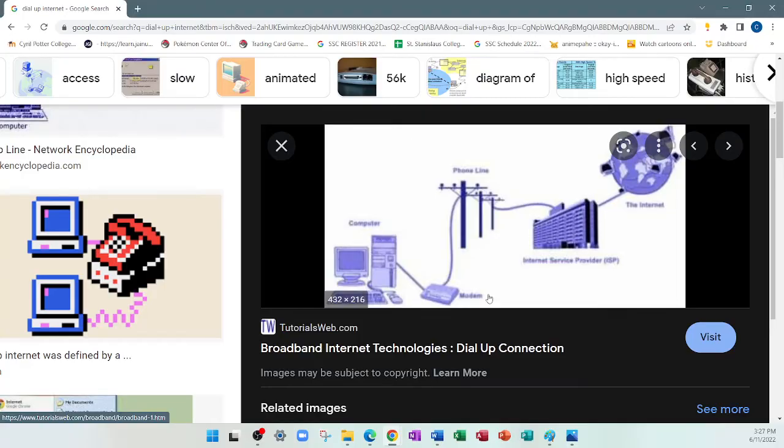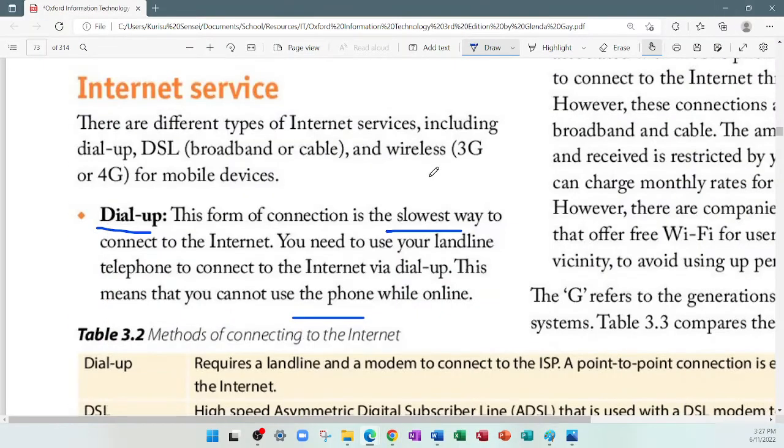Why? Because with this modem, in most cases only one device was allowed to be connected. Today they can facilitate more, but it was mainly used with one device in the home.